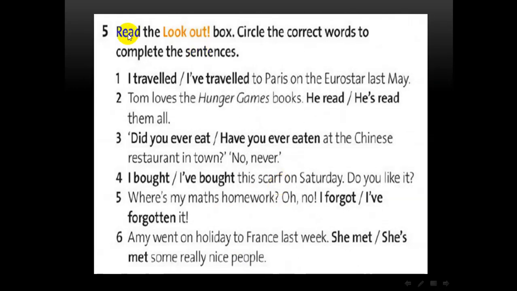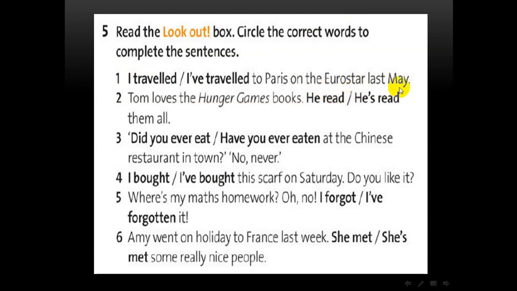Now, read the look out box. Circle the correct words to complete the sentences. Let's put a circle or بدلا من الدائرة سأضع تحتها خط. لا فرق، دائرة أو خط. 1. I traveled. سافرت. I have traveled. لقد سافرت to Paris on the Eurostar last May. في رحلة اليوروستار، هي ربما شركة طيران.